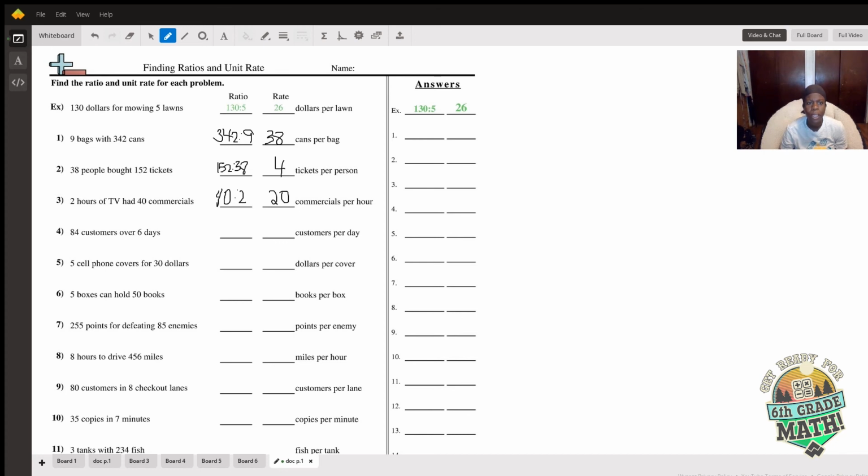So do this many times and you'll become a lot better at it. 25 more seconds. So remember, the rate says customers per day. So you have to find the amount of customers, and then we're putting it over what? The amount of days. 10 more seconds.